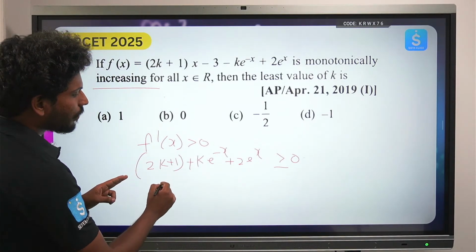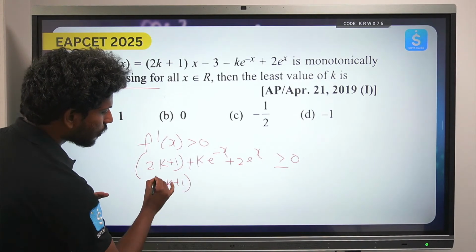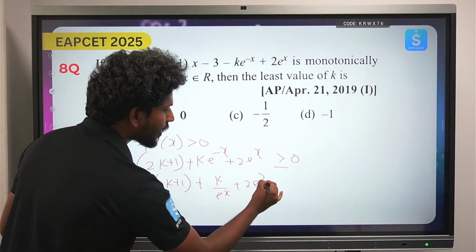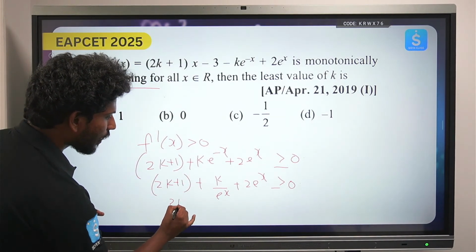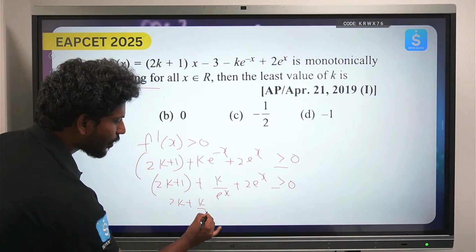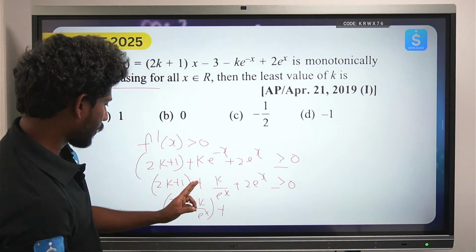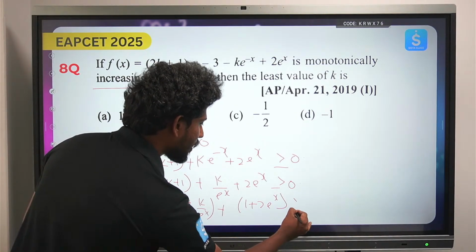So what can you take common? 2k plus 1, and here you can take k by e power x plus 2 e power x is greater than or equal to 0. So just take 2k plus 1, plus k by e power x, plus 1 plus 2 e power x is greater than 0, right?